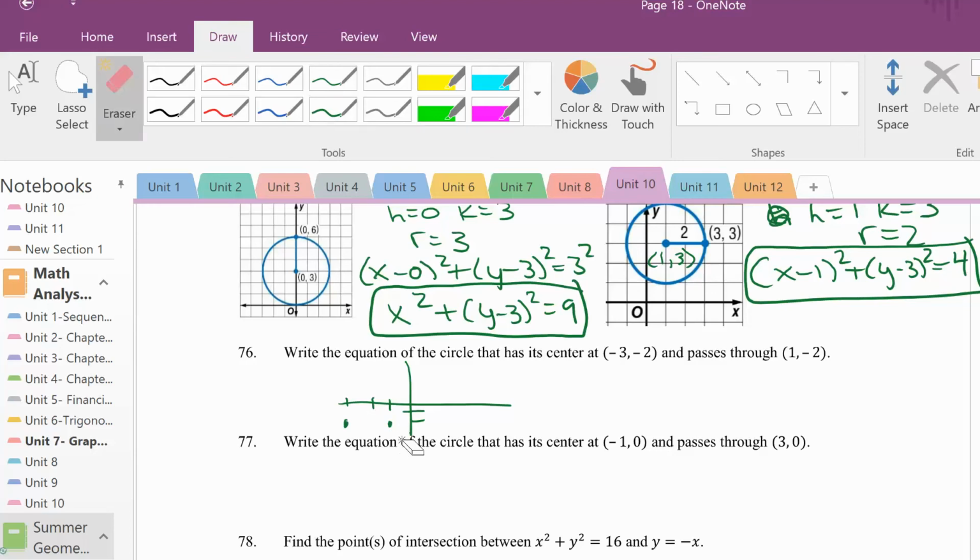Or sorry, 1, negative 2, so I gotta go to the other side. So that means the radius would be 4. So the equation is x plus 3 squared, because minus a minus is a plus, y plus 2 squared equals 16.